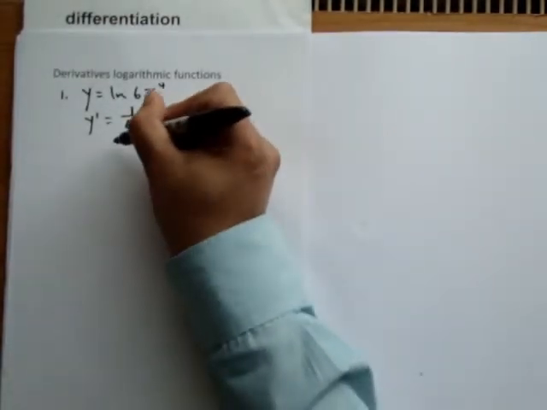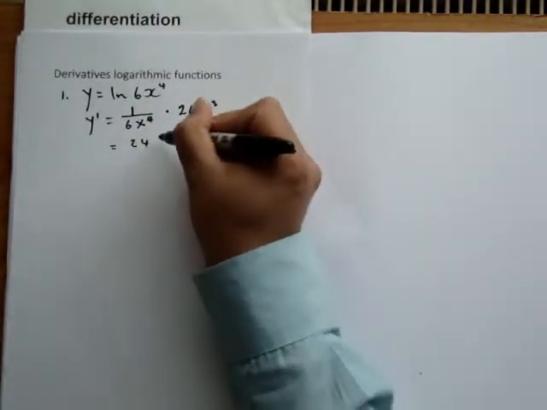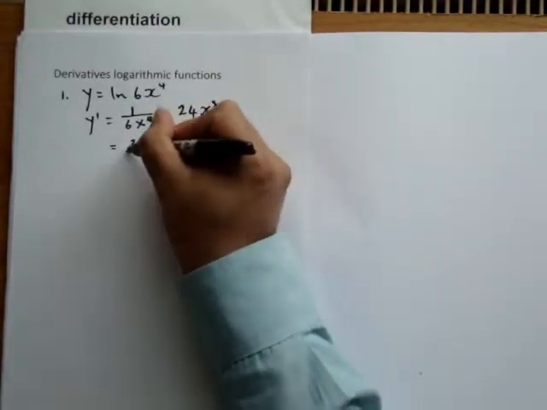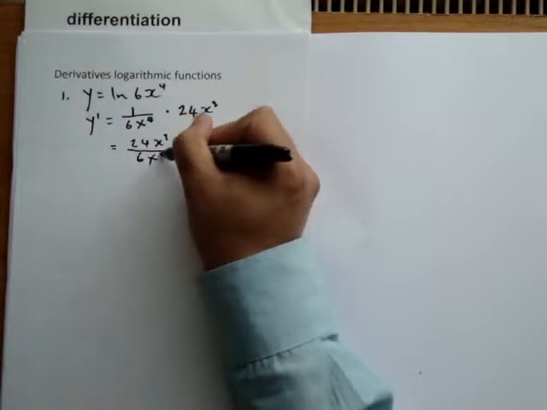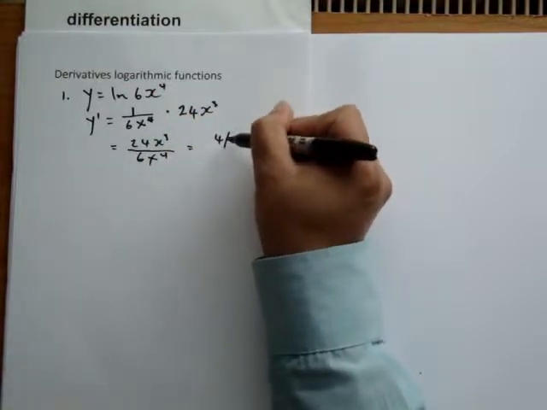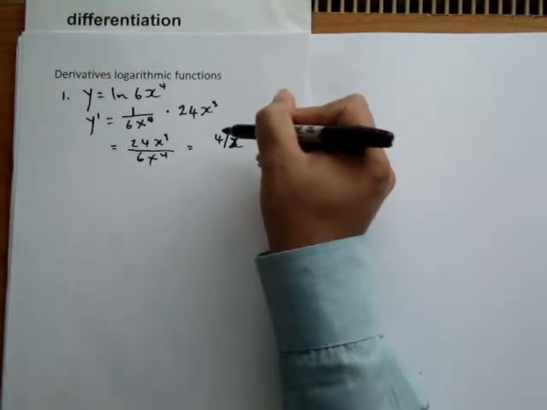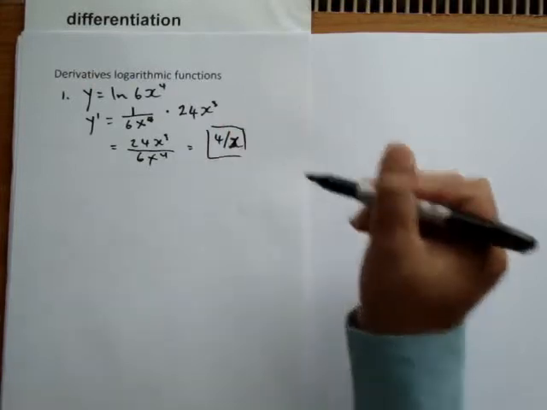If we rearrange, this becomes 24x cubed over 6x to the power 4, which equals 4 over x, and that is your answer.